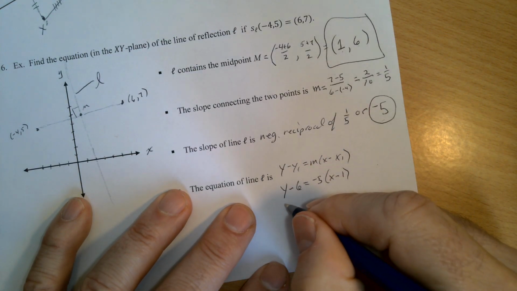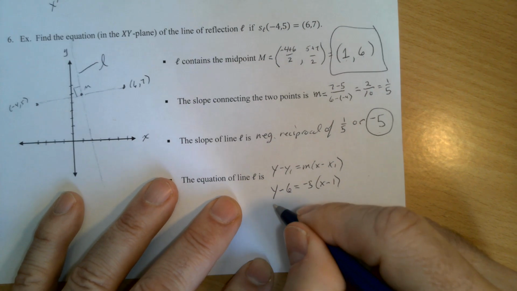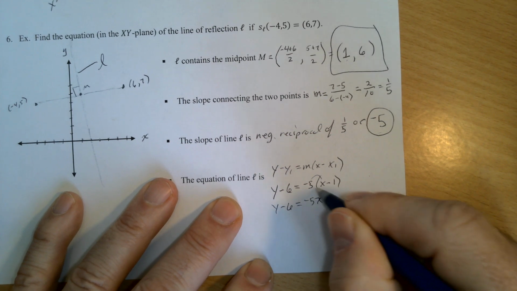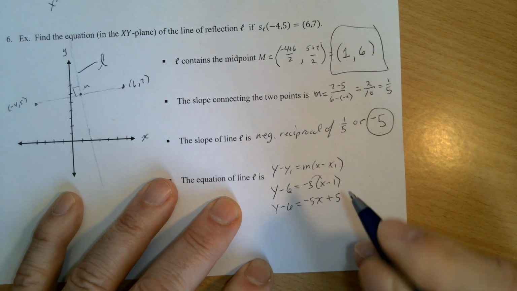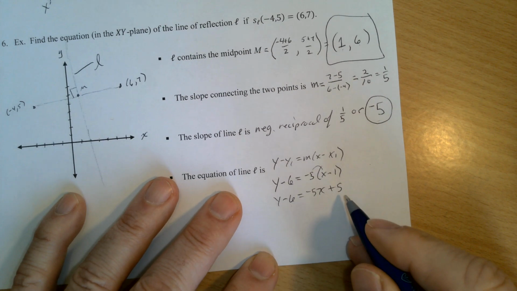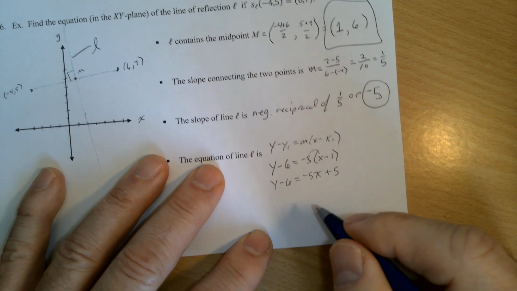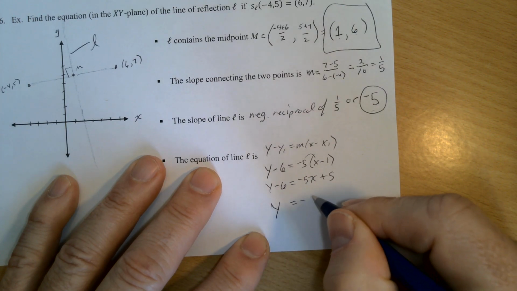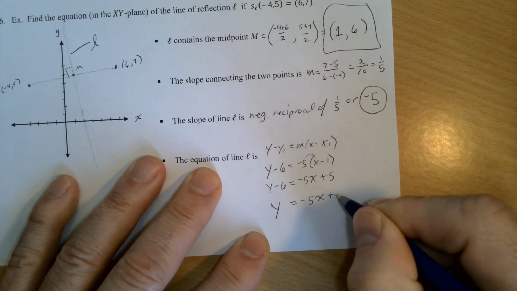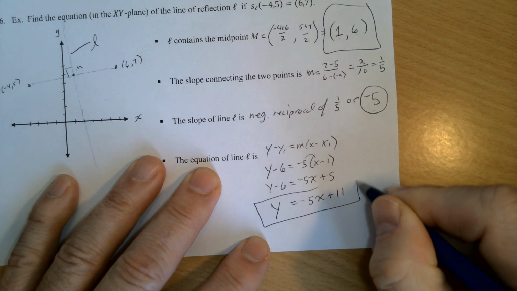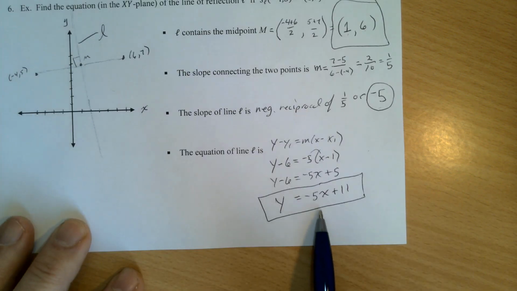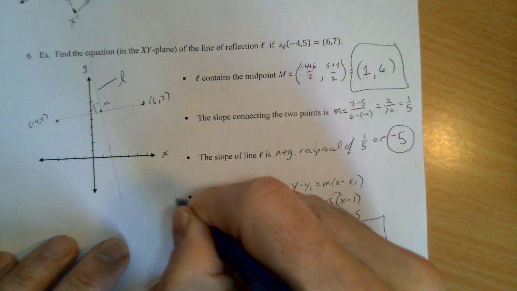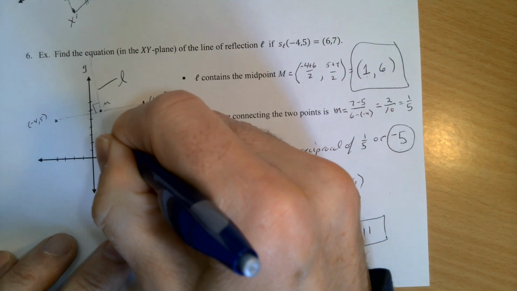So that would be, let's see, y minus 6 equals negative 5x plus 5, because negative 5 times negative 1 is positive 5. Add 6 to both sides, and we will be done. Add 6. 5 plus 6 is 11. Okay, this is the equation of the line L.